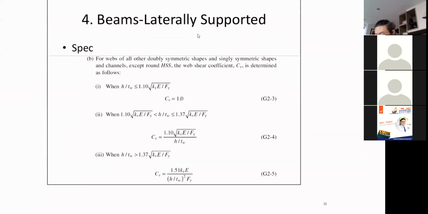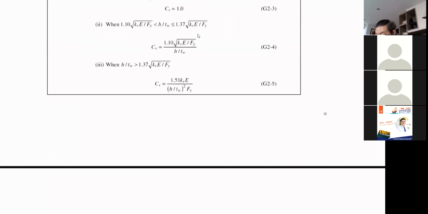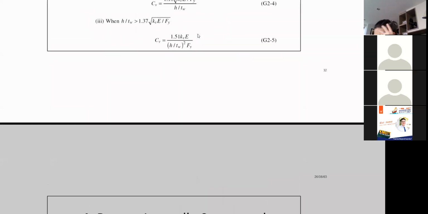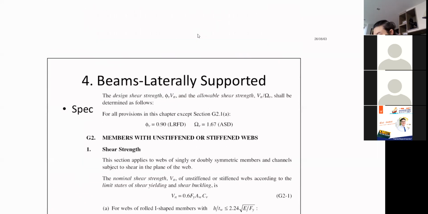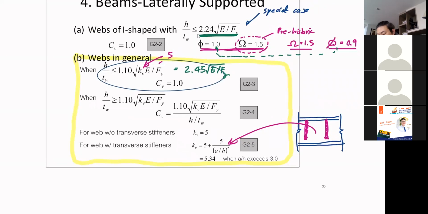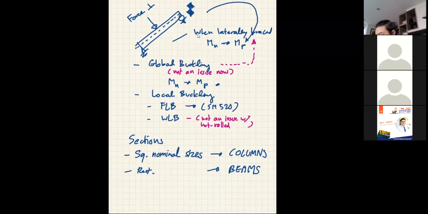I try to simplify, but after showing you this, I will add some more. Now let's try to understand this a little bit.